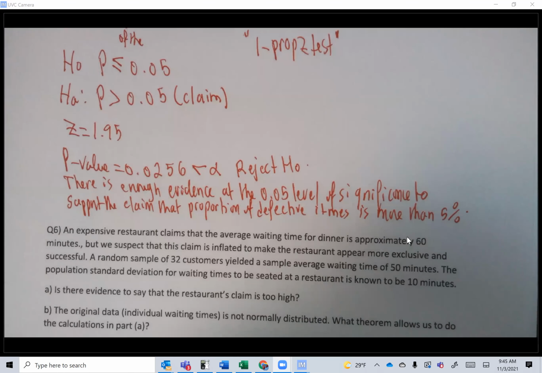So will the factory get rid of the machine? Yes, definitely. Because if the proportion is more than 5%, then they said they would replace the machine. Well, our test indicates that it is the case.